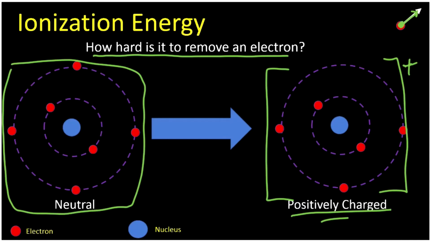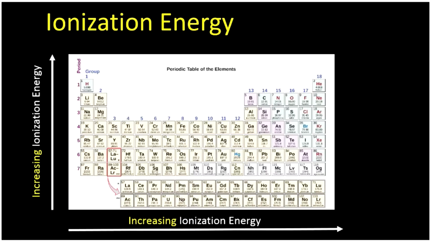How hard is that? Well, it turns out that we can predict how hard that's going to be, at least relatively speaking, by its position on the periodic table. For ionization energy, we can see that it gets harder to remove an electron as we go up. It also gets harder to remove an electron as we go to the right. Why is that?